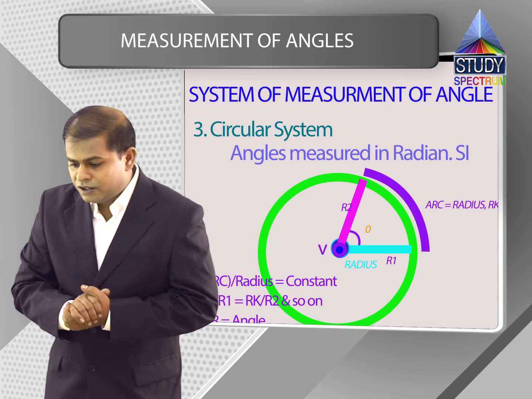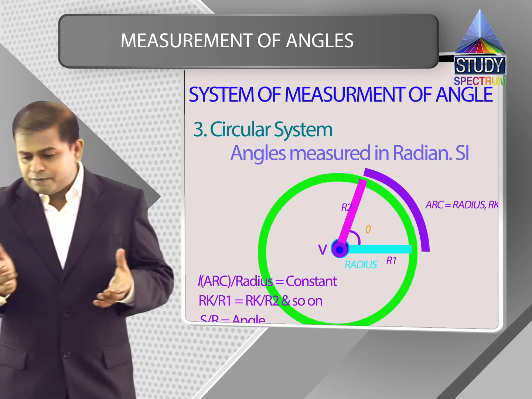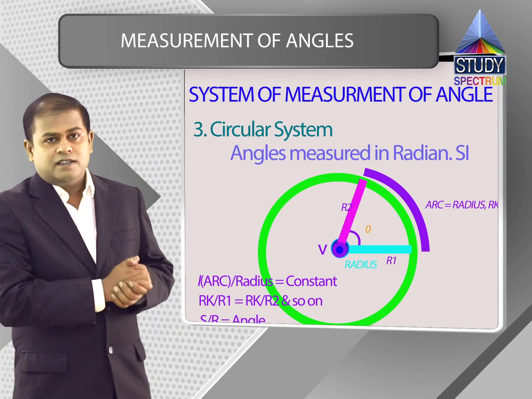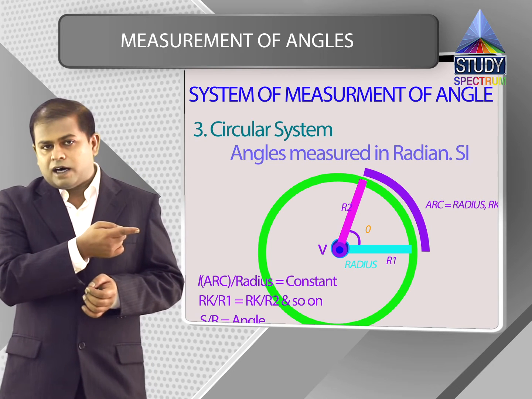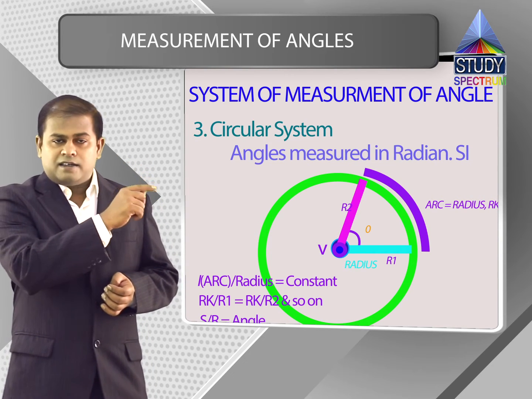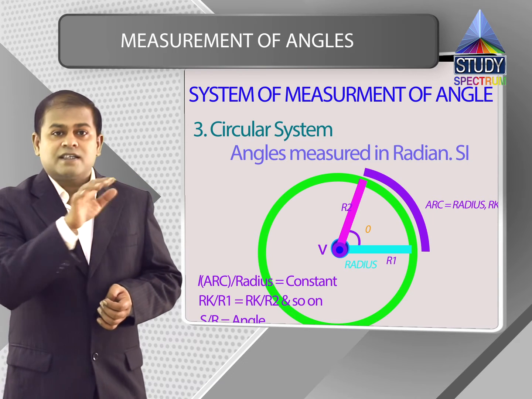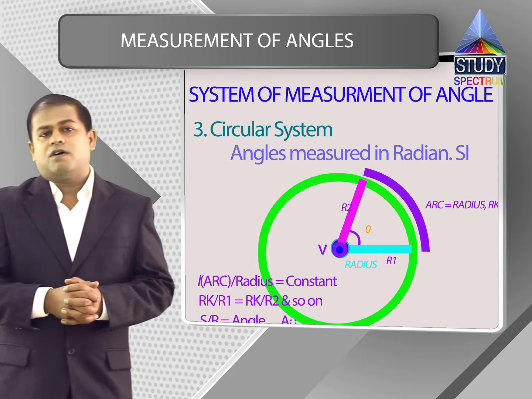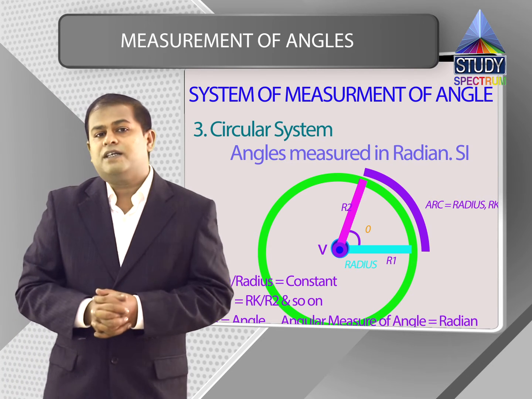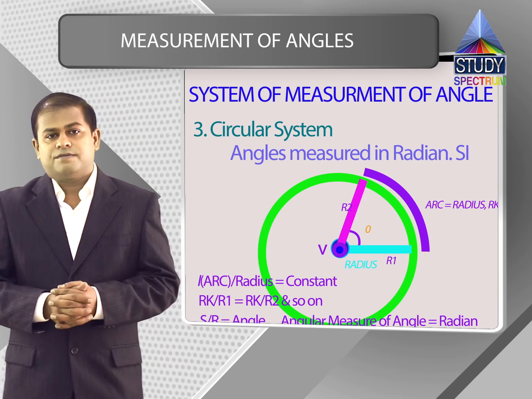I'll repeat: mathematicians decided to accept the ratio of the length of arc intercepted by the angle and the corresponding radius as the angular measure of an angle, and that measure will be in radians.